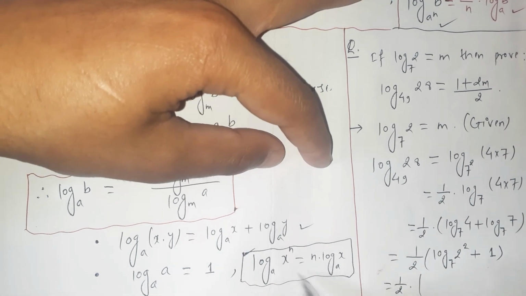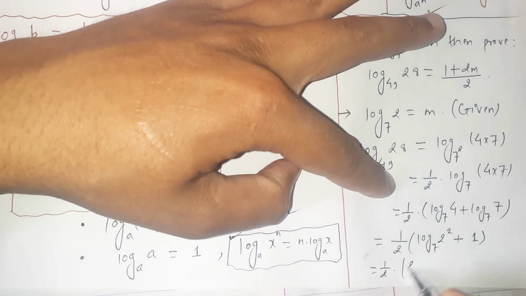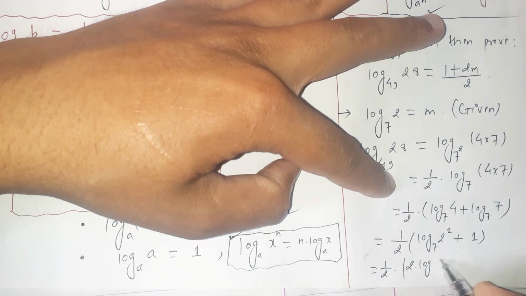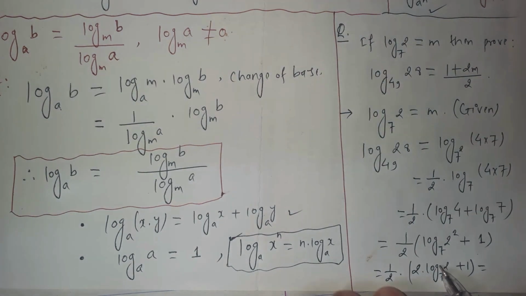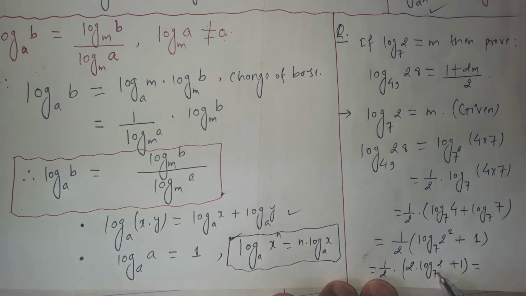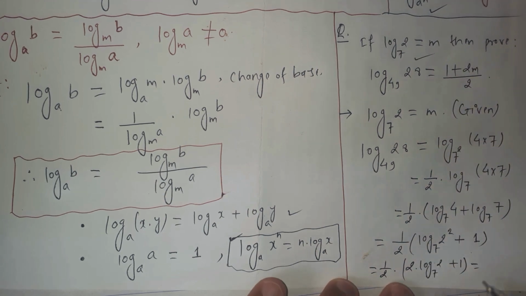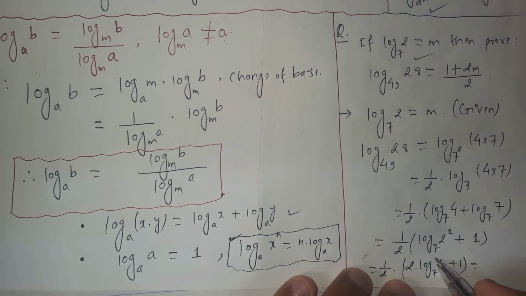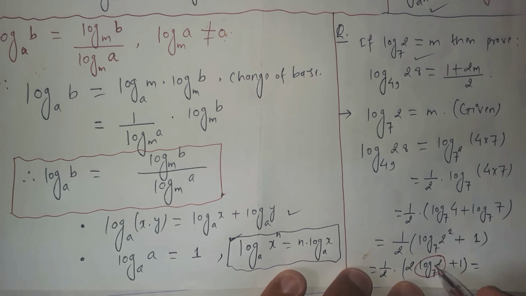Now using this concept on the first term, we can write 2 times log of 2 with base 7 plus 1, and this can be further simplified by substituting the value of log of 2 with base 7, which is given as m.